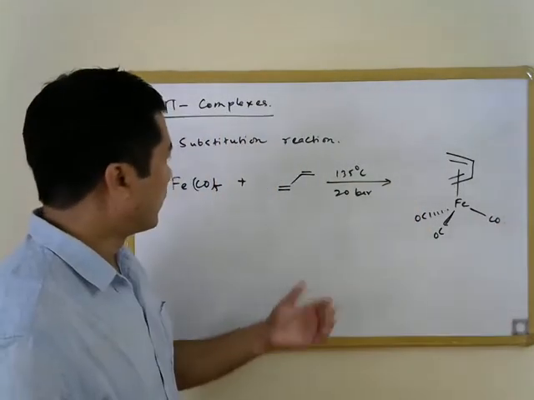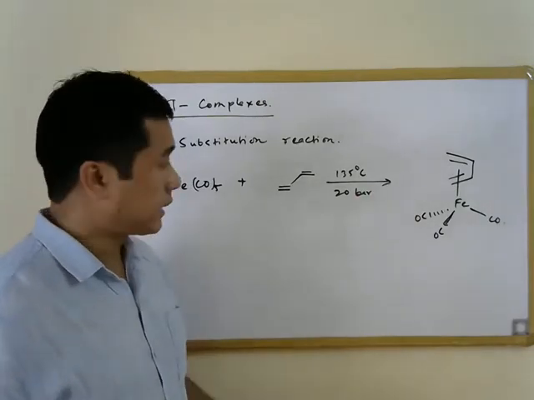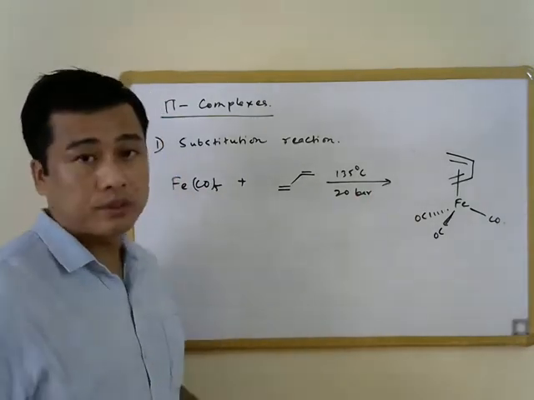So this is how a metal carbonyl olefin butadiene complex can be prepared by thermal substitution of carbonyl ligands.